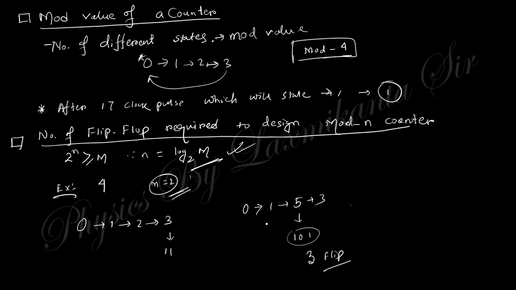Now you need to know about the up and down counter. What do you mean by up counter and what do you mean by down counter? Up means the sequential value changes from 0 to an upper value.